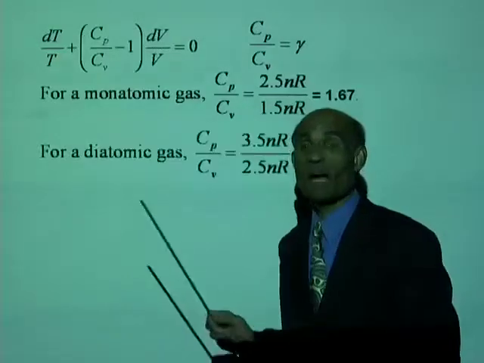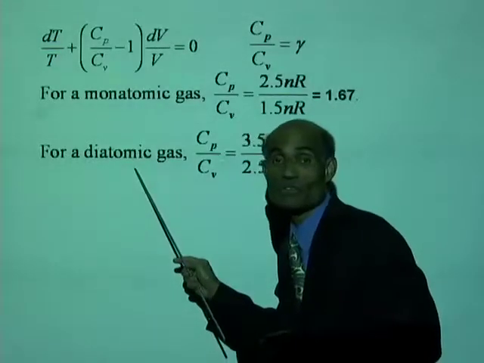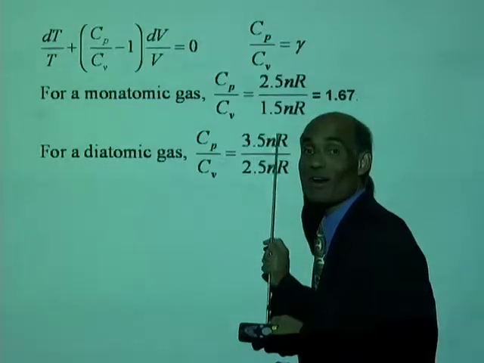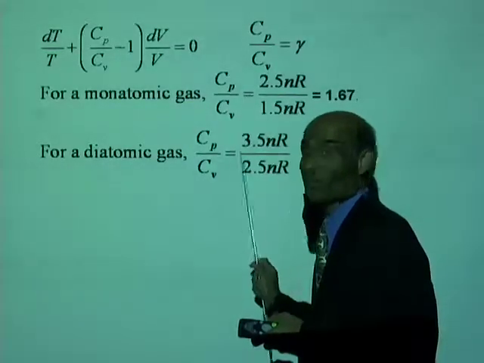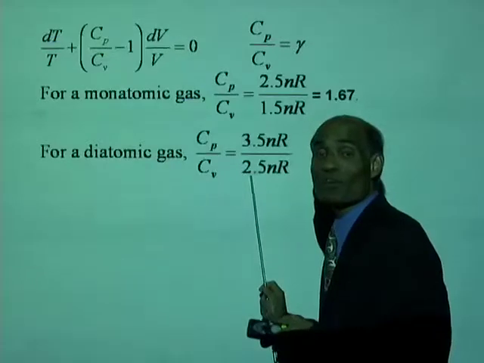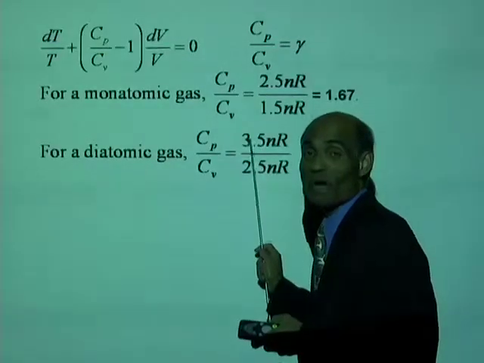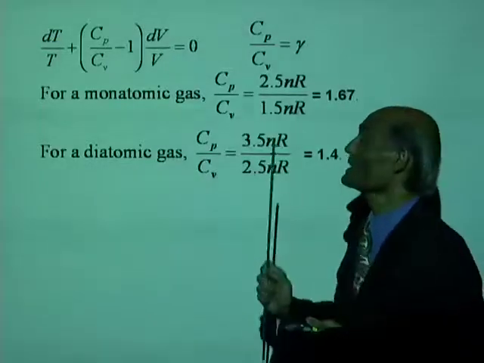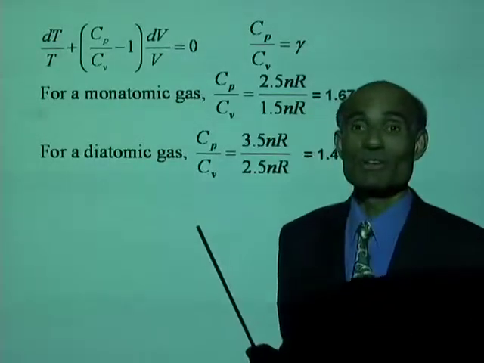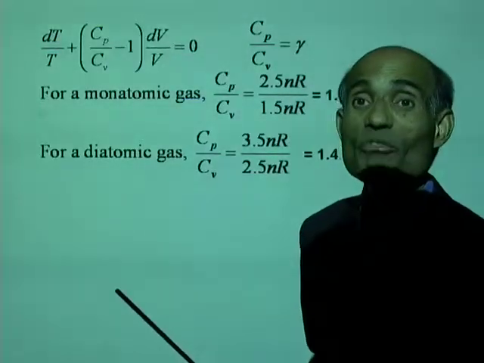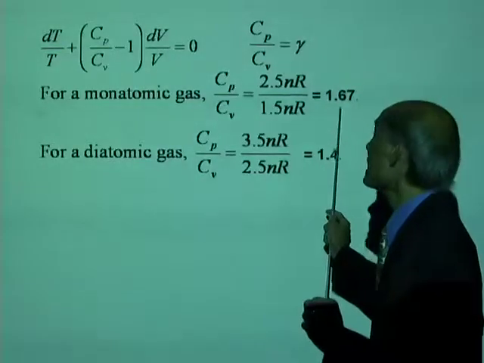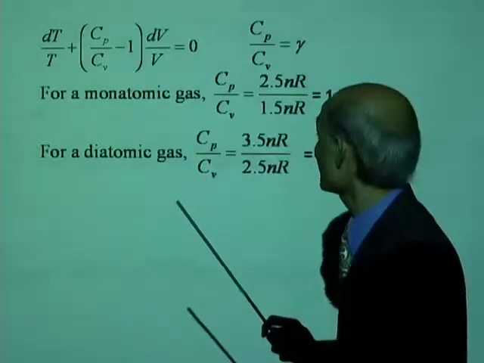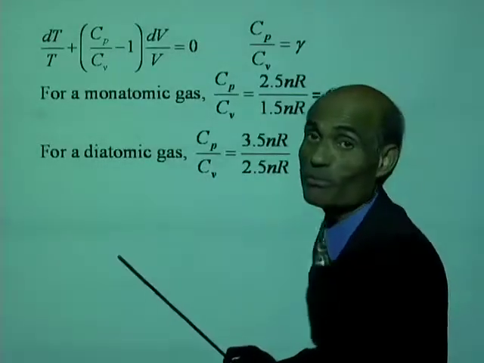And for a diatomic gas, I just gave it to you, Cp is 7 over 2 nR, that is 3.5 nR, Cv is 5 over 2 nR, and that will be 3.5 divided by 2.5, which is 1.4. The value of gamma for a monoatomic gas is 1.67. For a diatomic gas, it is 1.4.